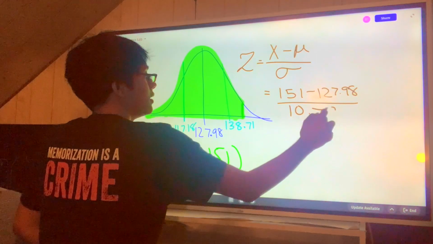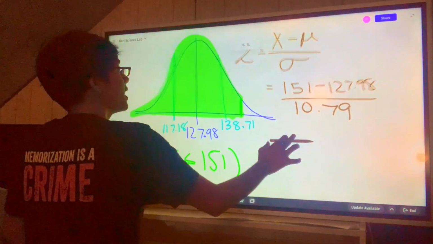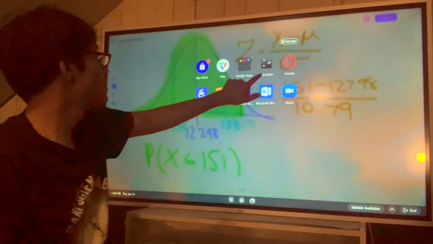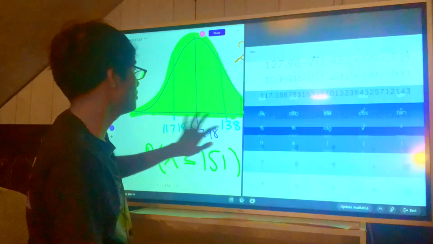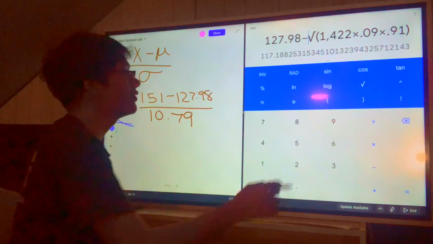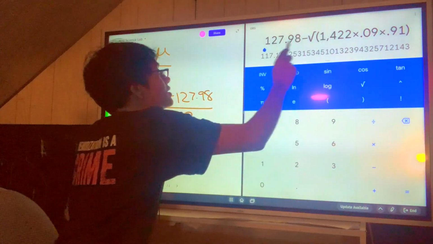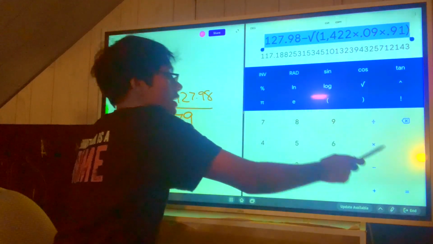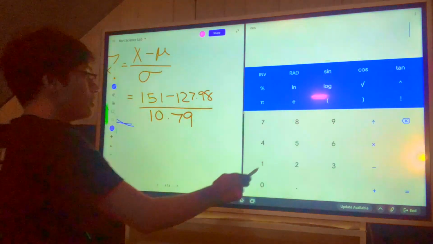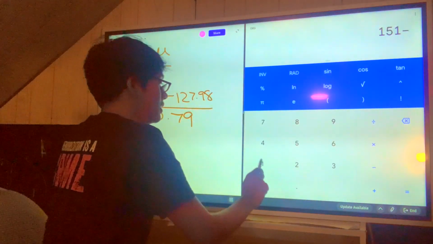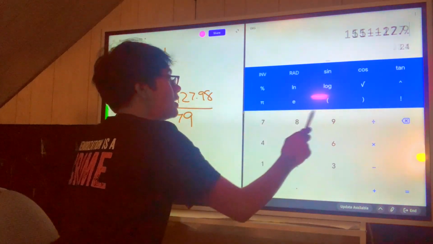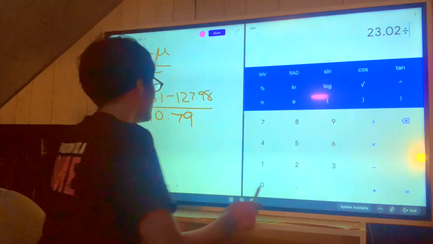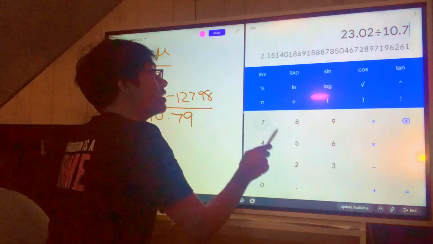And so now let's go back to our calculator. Maybe I can check out what this is going to equal in terms of a z-score. So I want to calculate 151, so let's get rid of all of this. Can we clear all of this? Hopefully we can. And now I can just plug in 151 minus 127.98, and that's going to be this random number divided by 10.79.